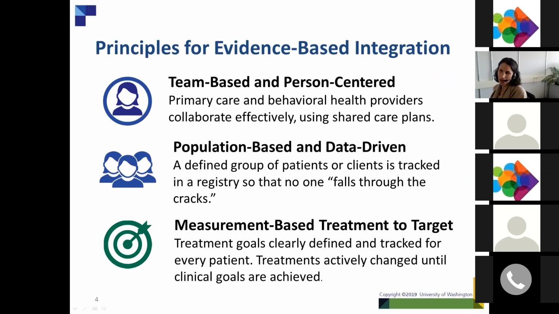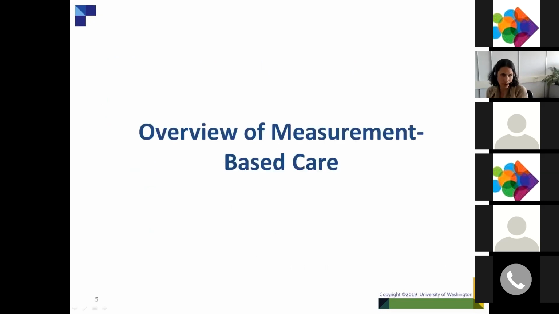We're going to talk about how you define this group of patients and measure this group of patients over time, which we call a caseload, and make sure that no one falls through the cracks. We're going to talk about treat to target and how you use a registry for treat to target, what you do with this information, and how you use it to get patients better.